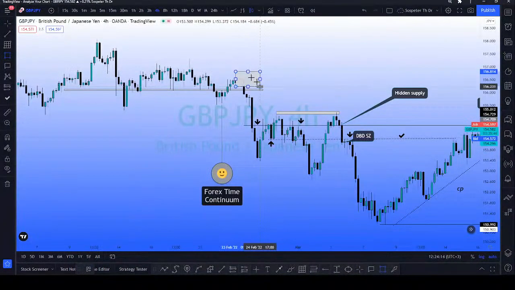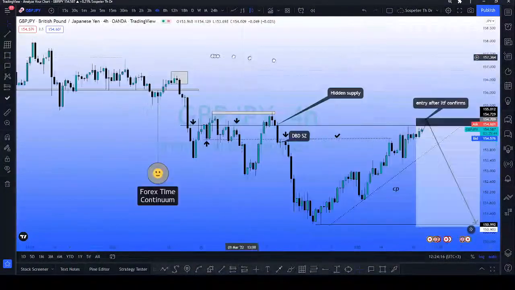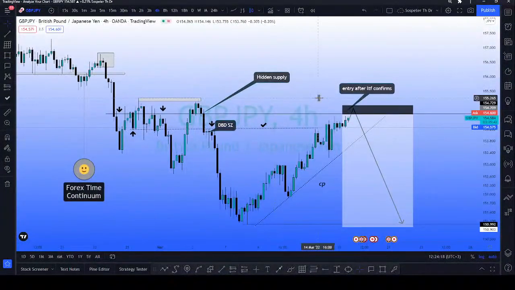So you have to take a lot of care. Don't enter aggressively on this DJ. Let's wait for full confirmations on the lower time frame.